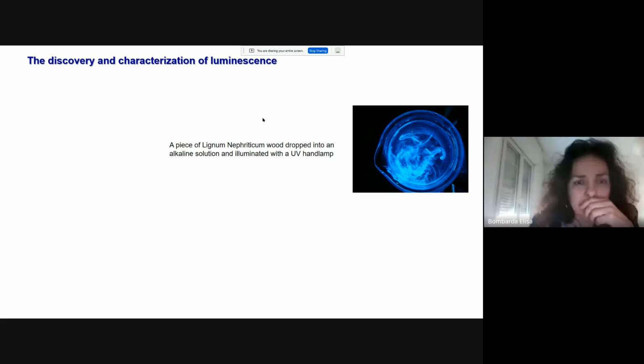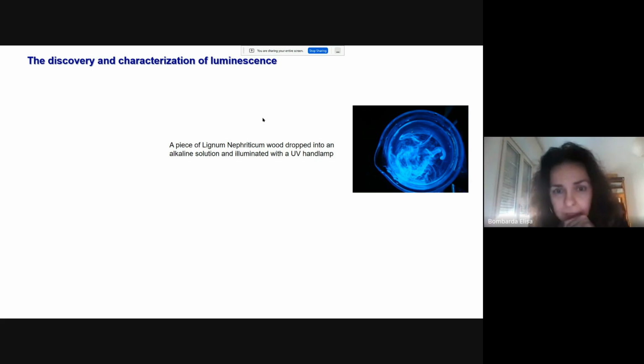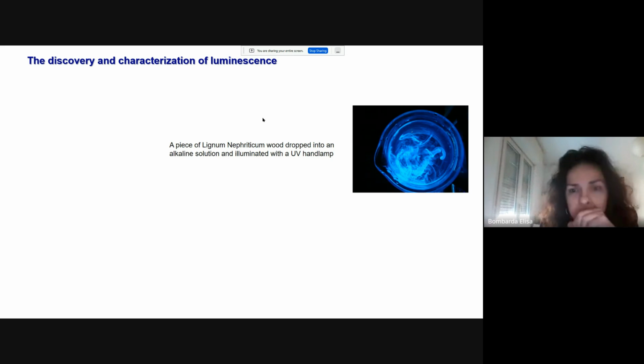So this is a piece of Lignum nephriticum wood put into water in an alkaline solution, and it is illuminated with a UV lamp, and we have this bluish color. Sorry, I cannot go further. What happens here?